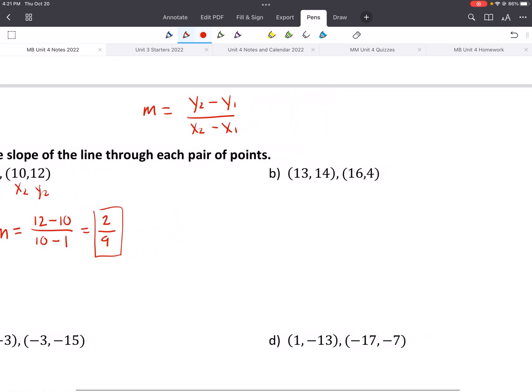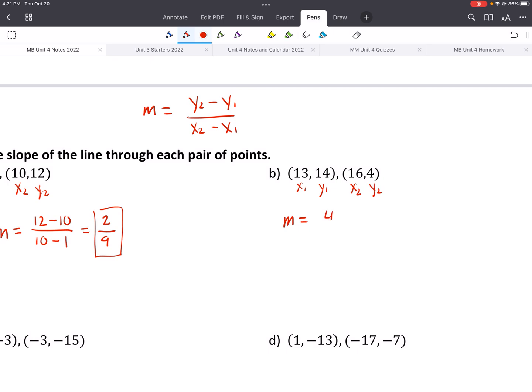Okay, so here's another example. You could pause and give this a try if you'd like. I think that would be a good idea. So we have, again, you could label these if you wanted to. I think by the time you get these good, you probably may not need to write these, but it's always helpful.